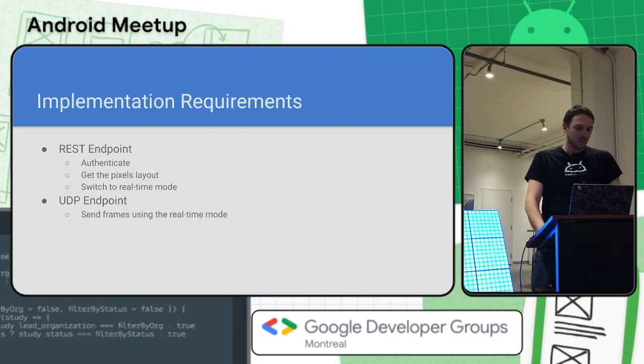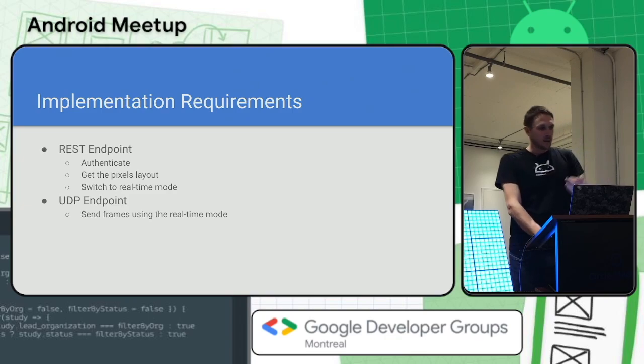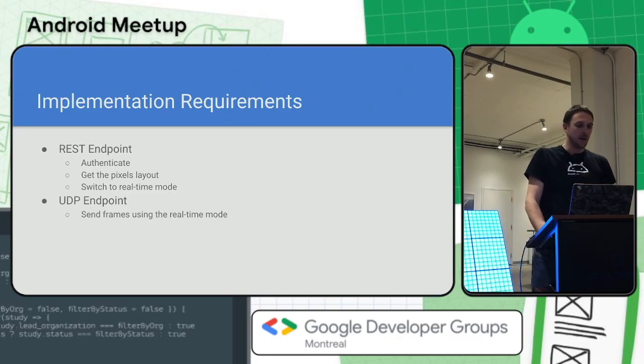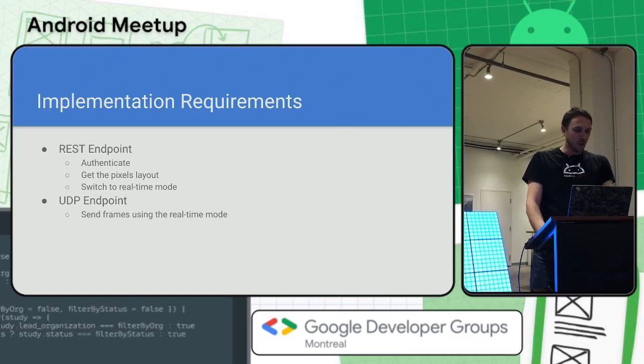To test these hypotheses, I started looking at the implementation requirements, what I actually need to send real-time frames. There are two parts. The first part is implementing the REST endpoint. Three things must be achieved through that: getting an authentication token, and then the pixel layout.